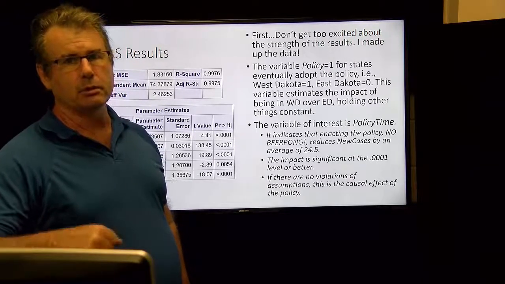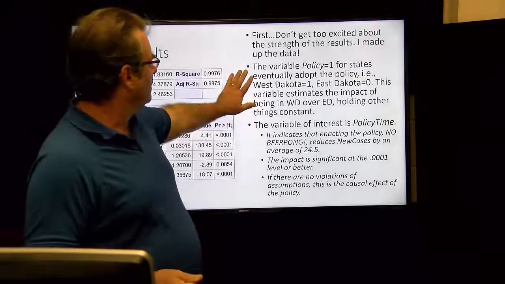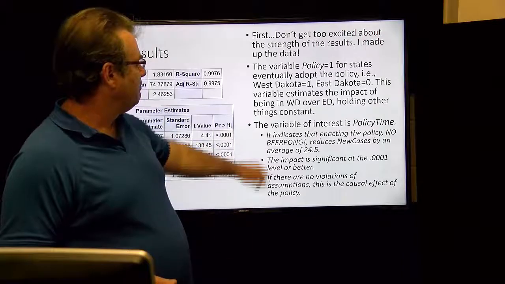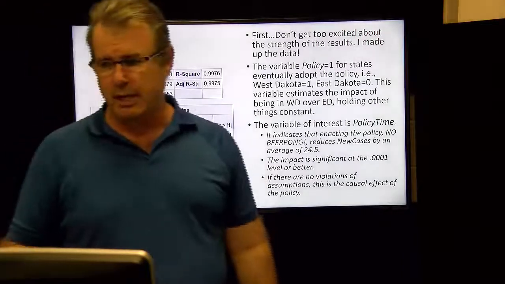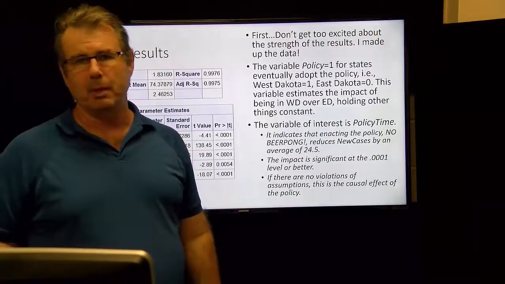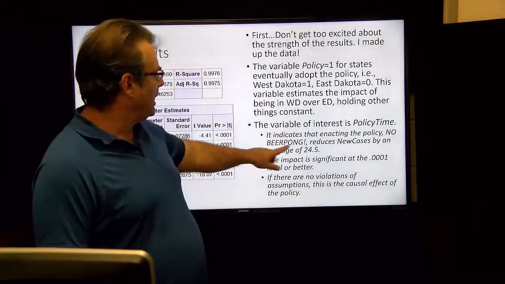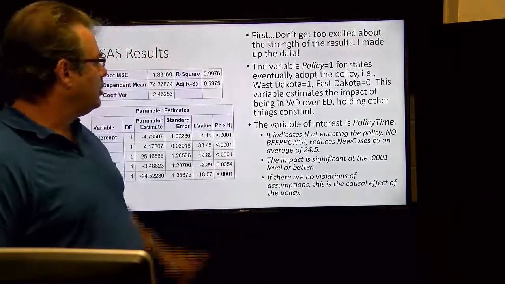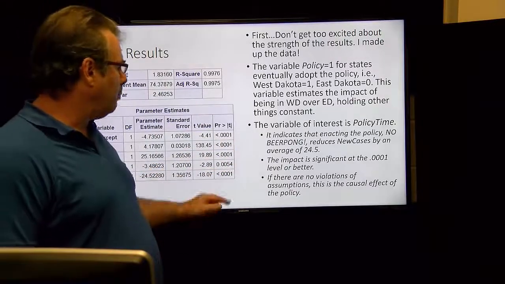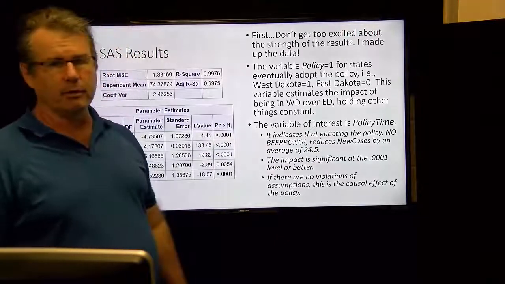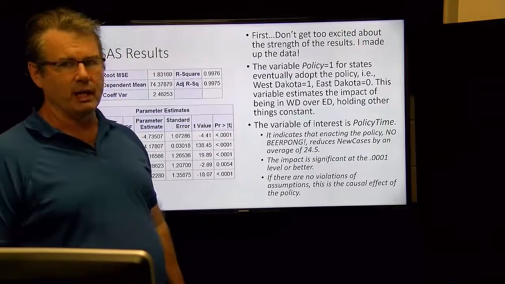Okay, so it measures the impact of adopting the policy, holding other things constant. The variable of interest, however, is the interaction term, policy time, or policy times time. This indicates that enacting the new policy, no beer pong, actually reduces new cases by an average of 24.5 cases per day.